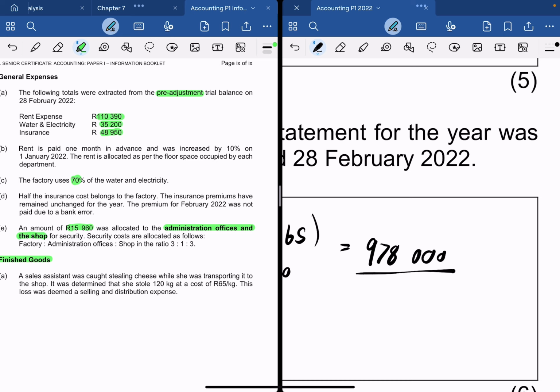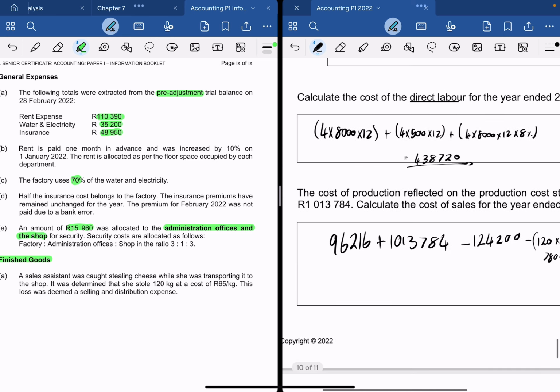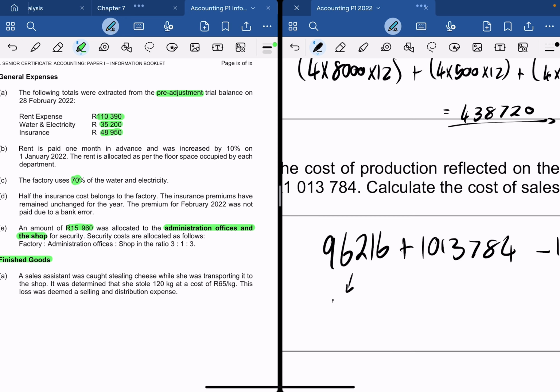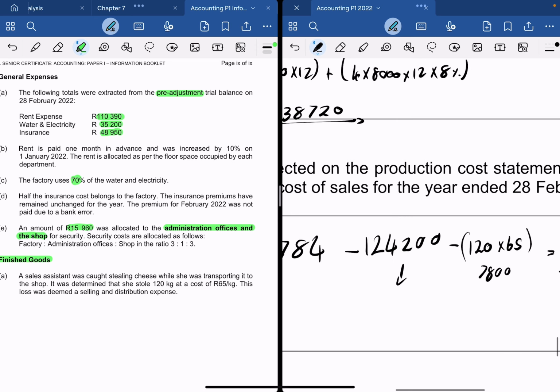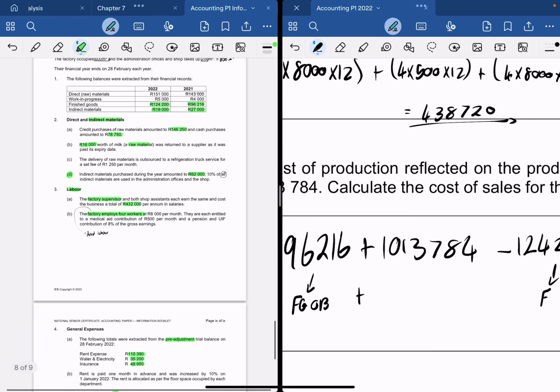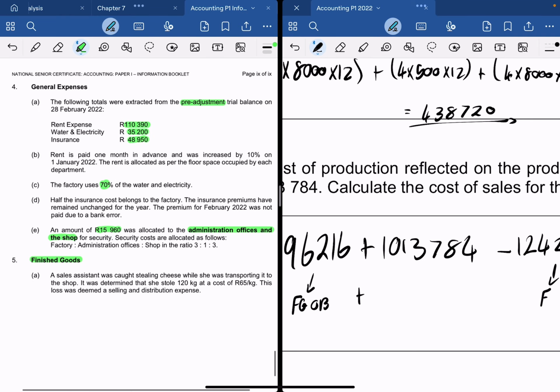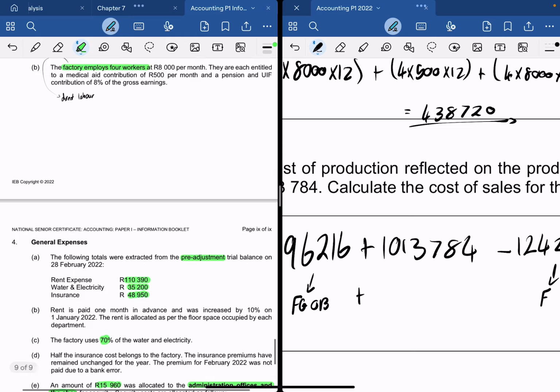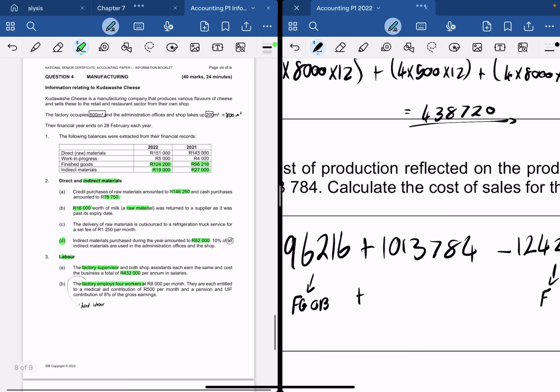Gets us to 978,123. So the general form for these types of questions is finished goods opening balance plus, sorry, my voice is a bit sore.